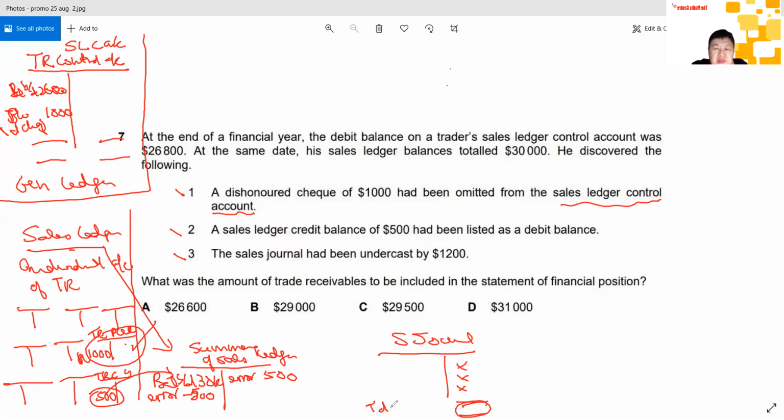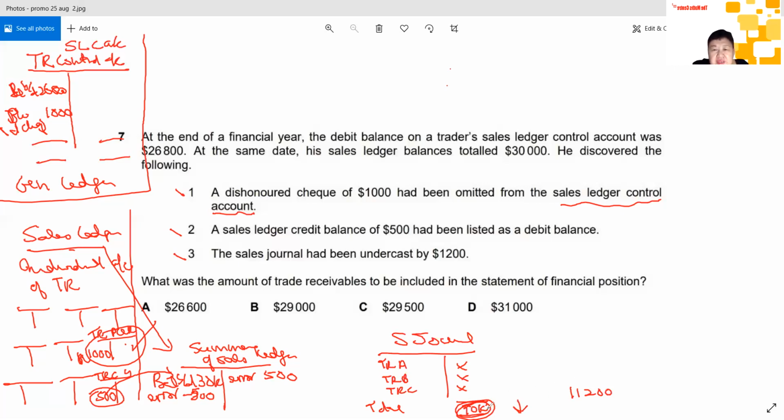Let's say it will be trade receivable A, trade receivable B, trade receivable C. This figure here is understated. Let's say it is 10K. This 10K is understated. By right, it should be 11,200. Okay, that's the meaning of understated.